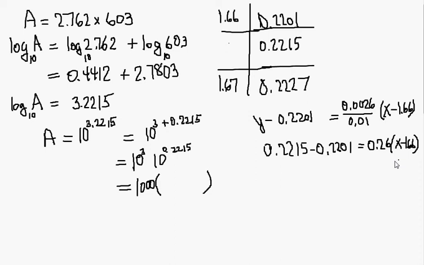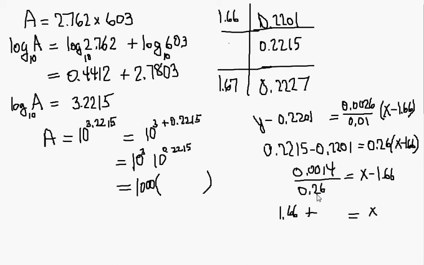So now it's a matter of just solving. We get 0.0014, subtracting, divided by 0.26 is equal to x minus 1.66. So that x is equal to 1.66 plus 0.0014 divided by 0.26.